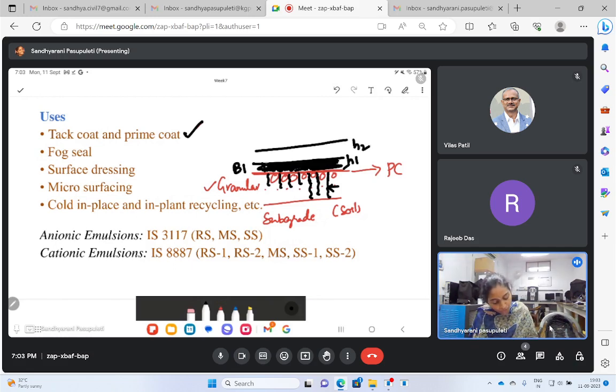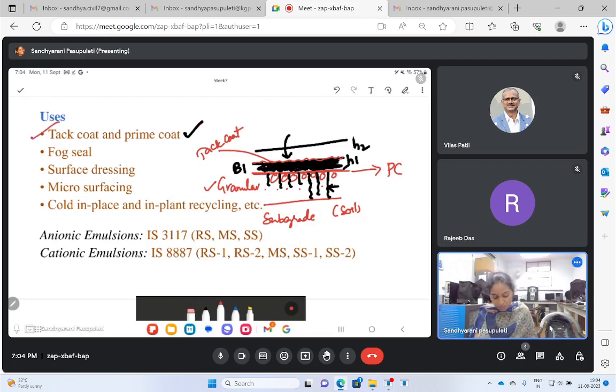When you want to place another bituminous layer on the existing bituminous layer, to have a better contact between these two layers, you are supposed to spray another layer that is called a tack coat. Either we can use the lowest viscosity binder at this place, or we can use emulsions.